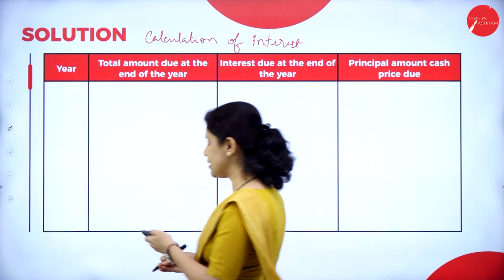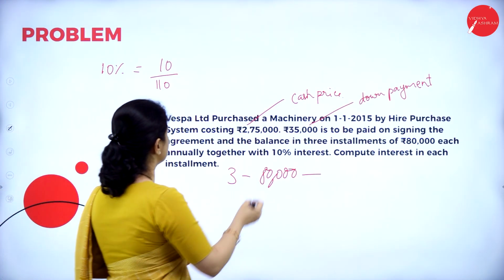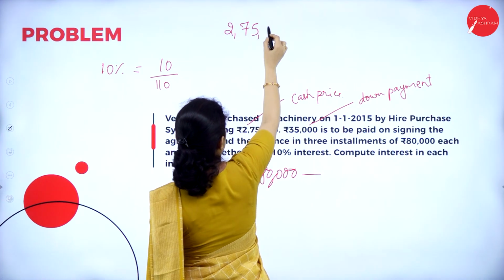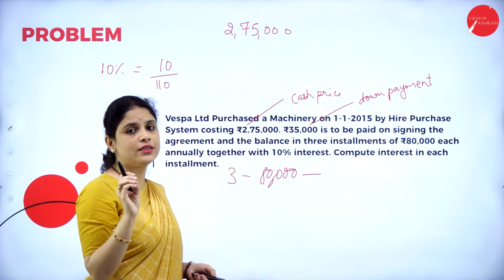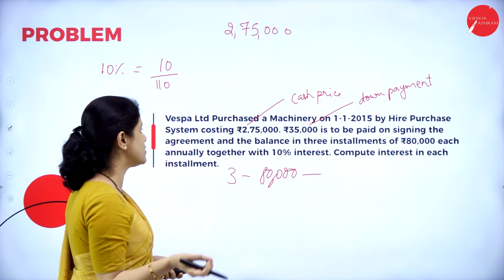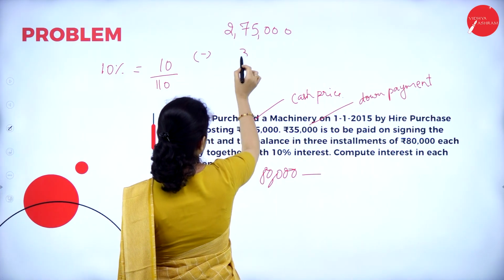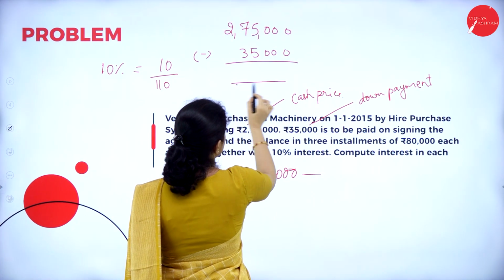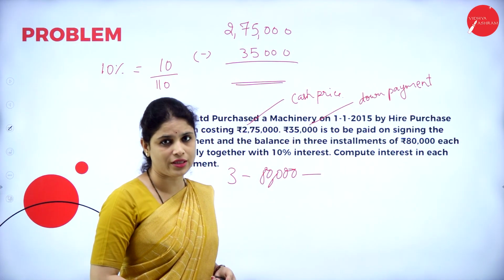So here, let us see what is the installment price. So here, 2,75,000 is the cost of machinery. So we should not calculate the interest on 2,75,000. Instead of that, what we have to do? We have to deduct the down payment, that is 35,000, and we have to calculate the interest on remaining amount, that is 2,40,000.